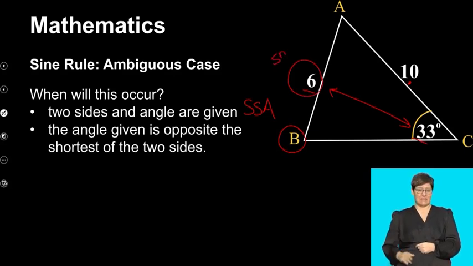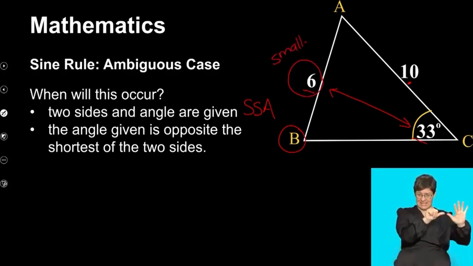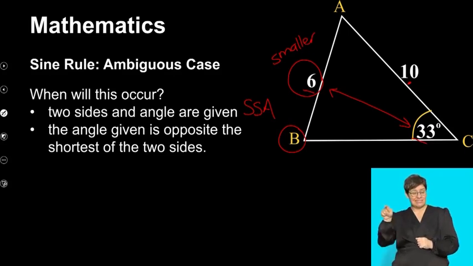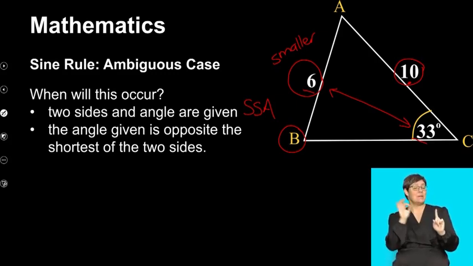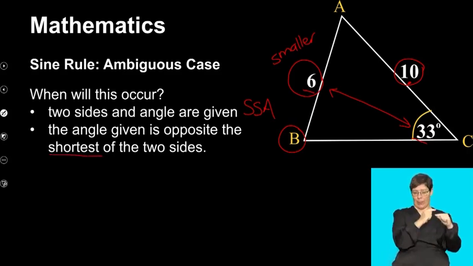Notice that this side, AB, is smaller than the other given side of the half pair, which has the dimensions of 10 units. So just to recap, the ambiguous case occurs when we can use the sine rule, but specifically when the pair that we are given contains the shortest of the two sides.